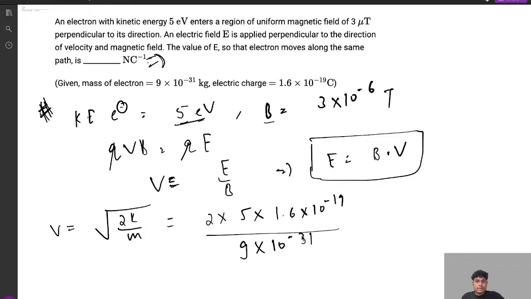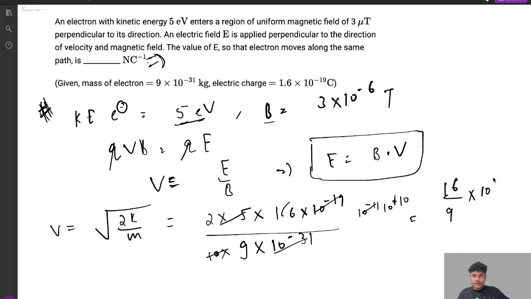Now let me solve this. Cancel out this and this. That is 10 raised to power minus 11, and this cancels out this, that is 10 raised to power minus 10. Sorry, plus 10. From here we get V is equal to 16 upon 9 into 10 raised to power 10.